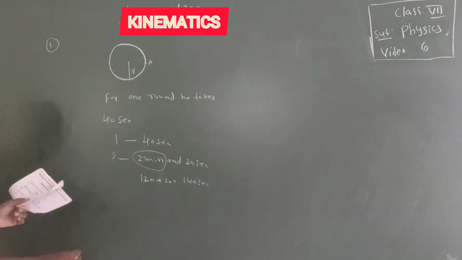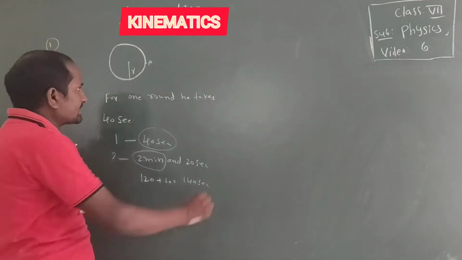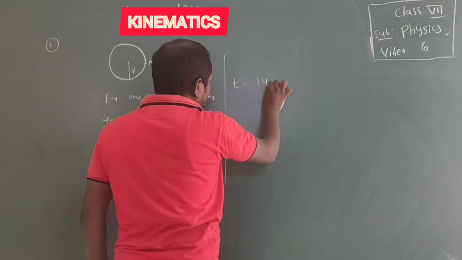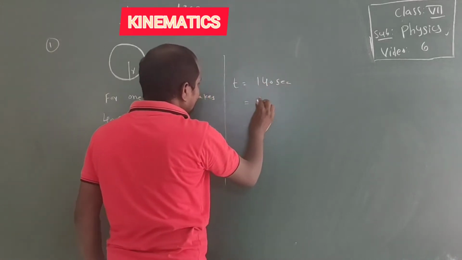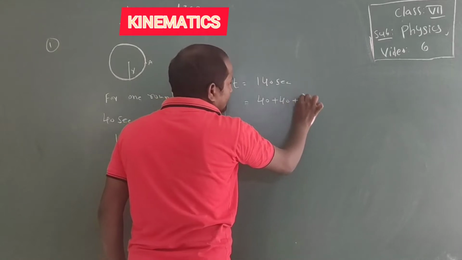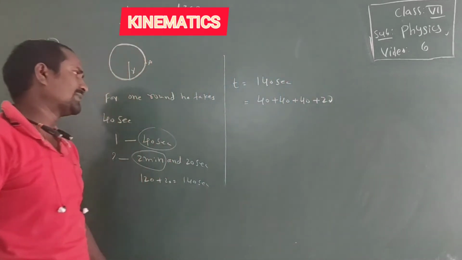But one complete round takes 40 seconds. So here time t equals 140 seconds. We can write 40 plus 40 plus 40 plus 20 equals 140.